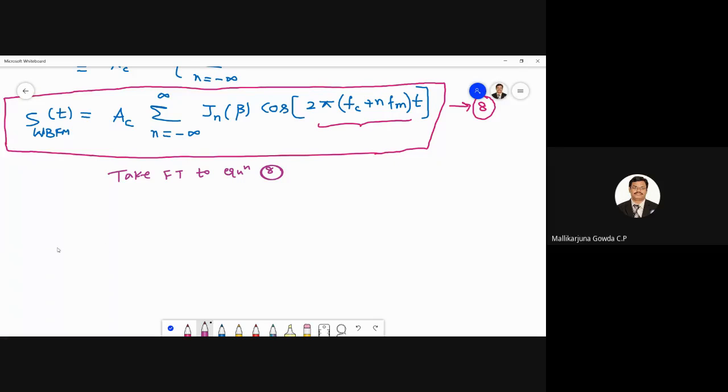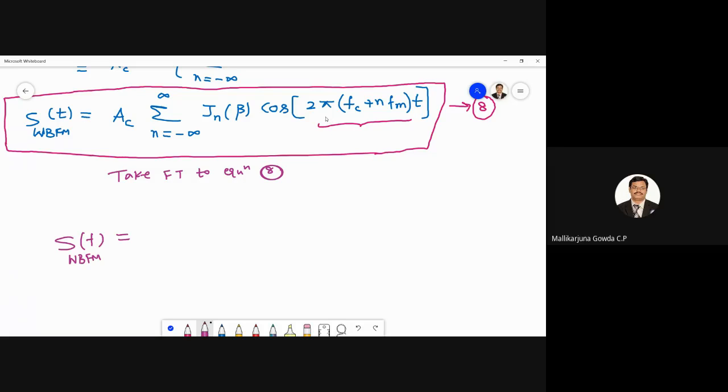What is the Fourier transform of this? S of f for wideband FM is equal to, the first term will be as it is, and the Jn of beta summation will be as it is. What is the Fourier transform of cos of 2 pi (fc plus n fm) t?